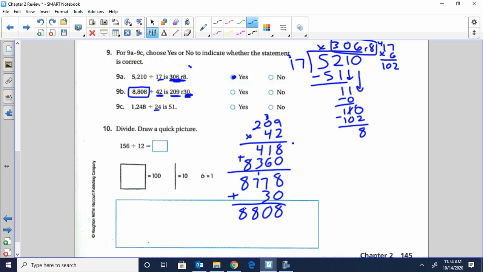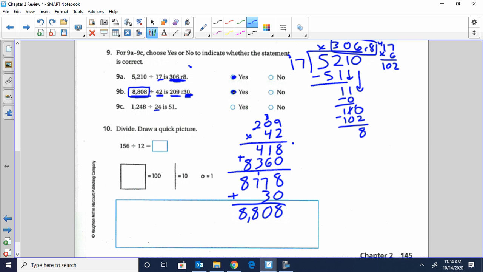And 8. 8,808, which is the dividend that we started with. So yes, that is correct. So you are allowed to use multiplication on these problems as well to check the answers.